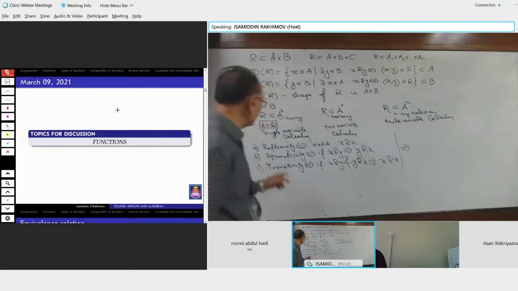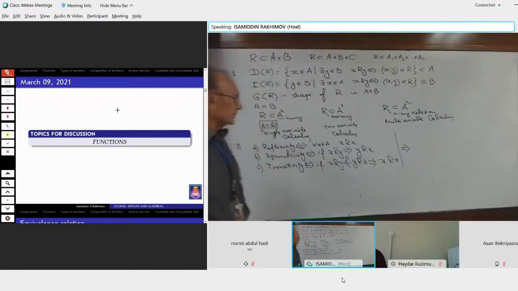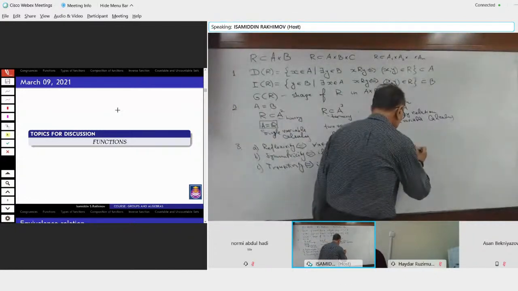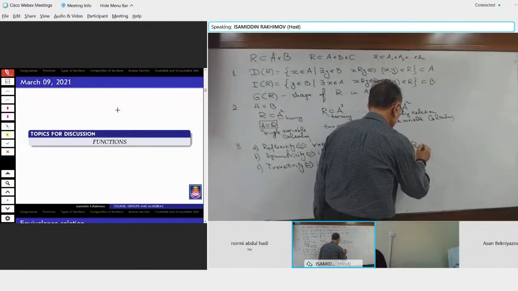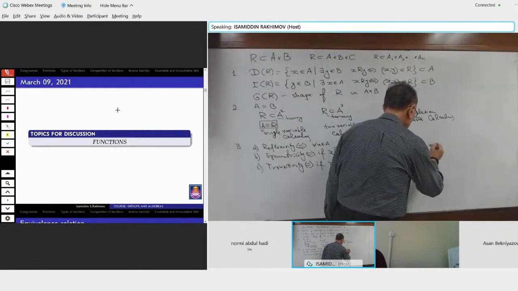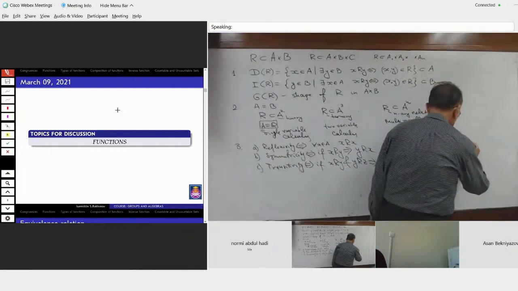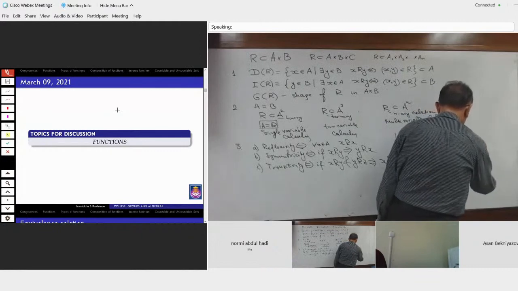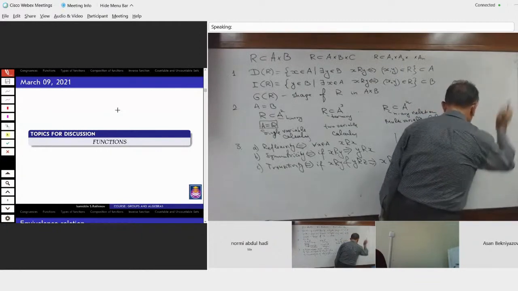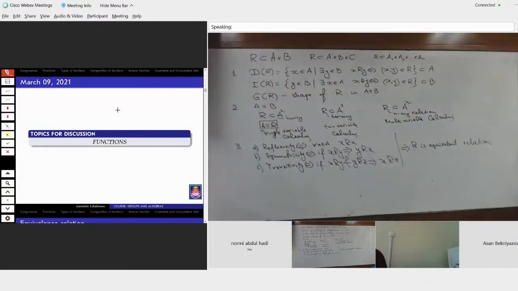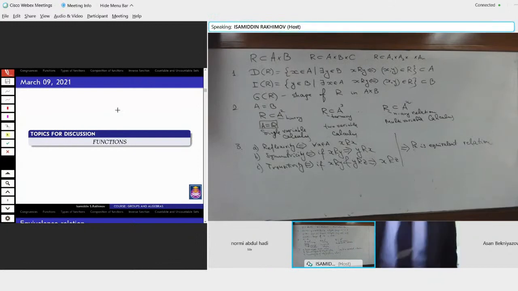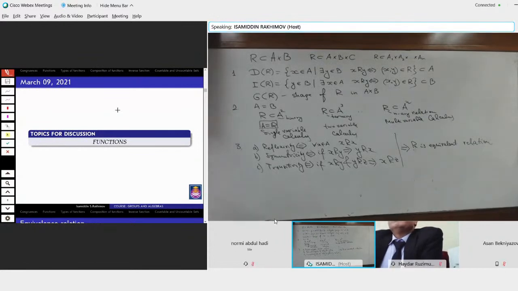Those relations having these properties are called equivalence relations. The R in this case is called an equivalence relation. Okay. Now, one observation from the first one.